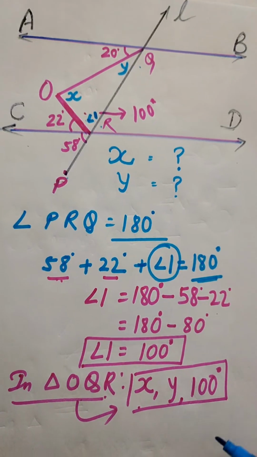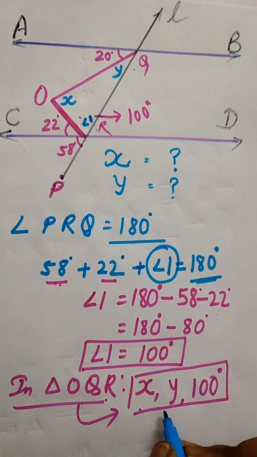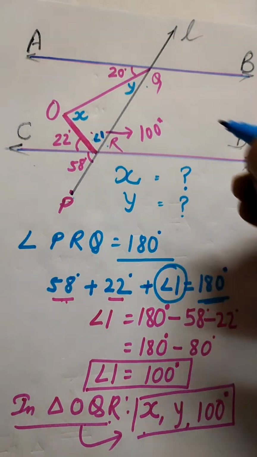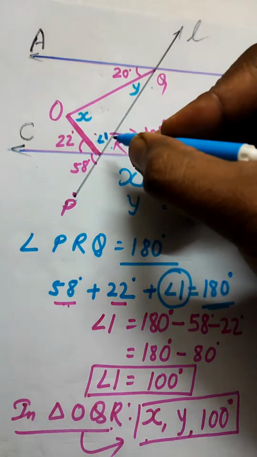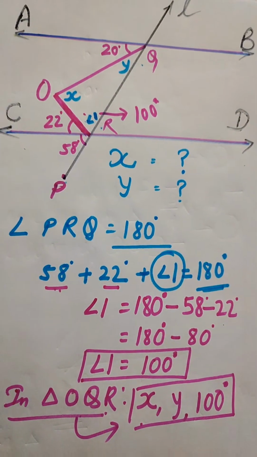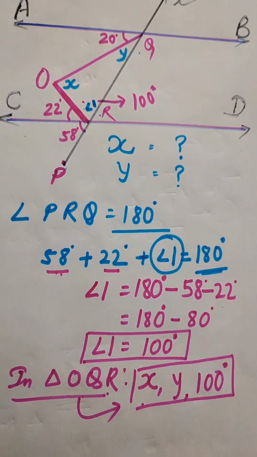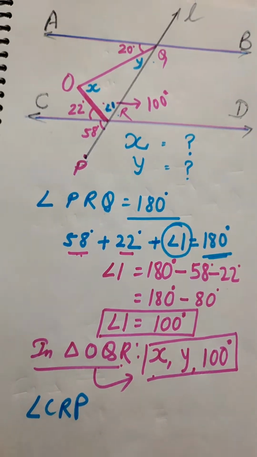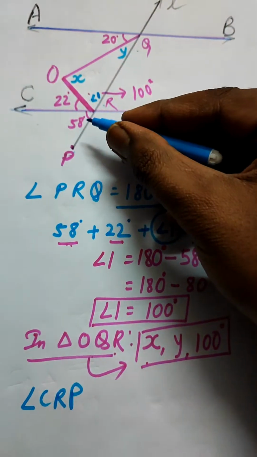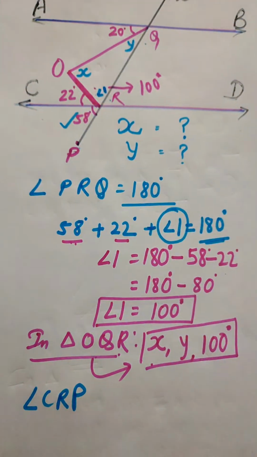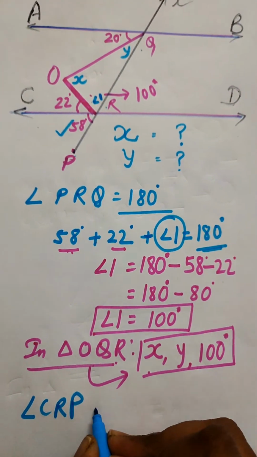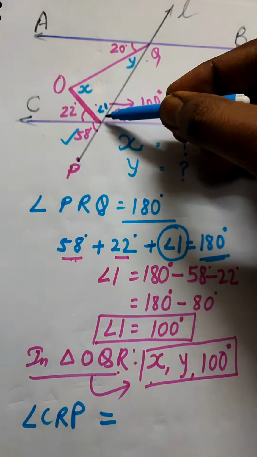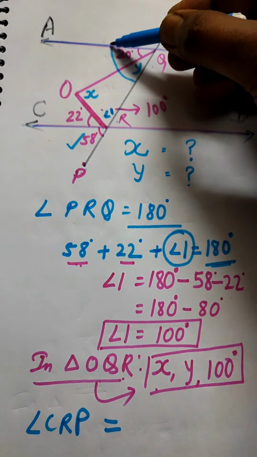Thank you. So here you can see angle CRP and angle AQR are both corresponding angles, right? We can see angle CRP, this one, this is angle 58, and angle AQR, that is this one.